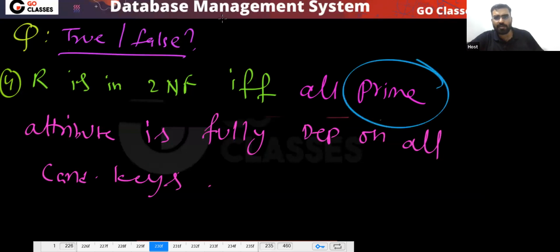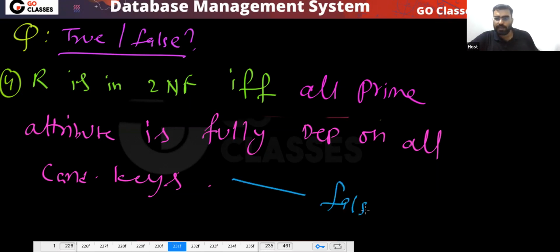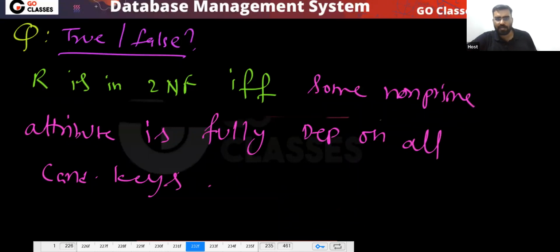We don't care about prime attributes, so this statement is false. We only care about non-prime attributes in 2NF. Is this clear to everyone?